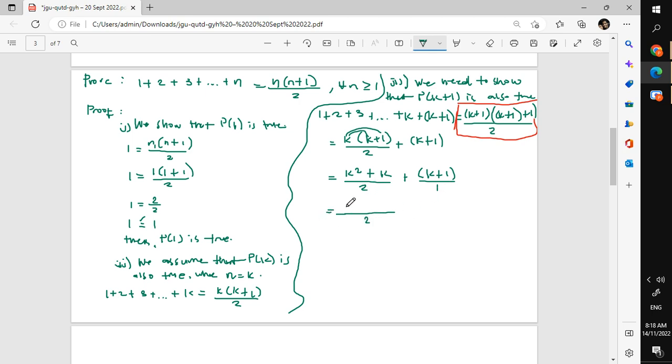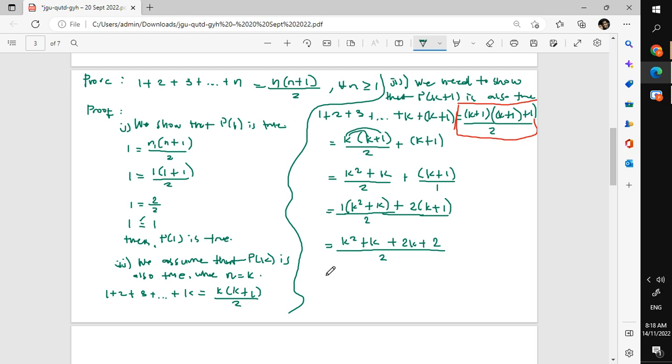So we have 2 divided by 2, that's 1, times the numerator, k squared plus k. Copy the operation, addition. 2 divided by 2 is 1, times the numerator k plus 1 gives 2 times k plus 1. So 1 times k squared is just k squared. 1 times k is positive k, plus 2 times k is 2k, 2 times 1 is positive 2, all over 2.